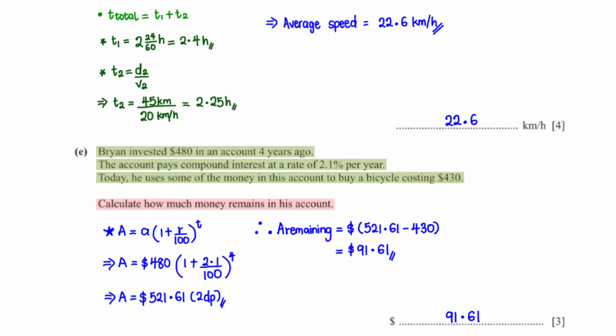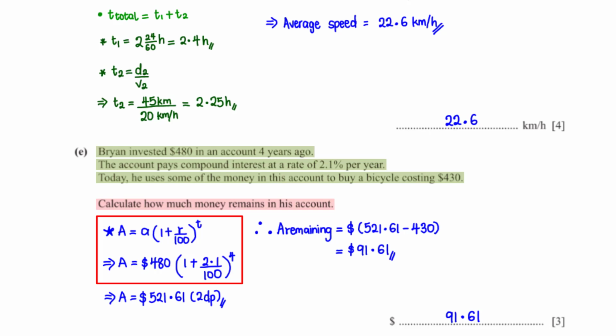First, let's find the current value of his investments by applying the compound interest formula. Big A represents the current value of the investment, which is what we are finding. Small a represents the initial value of the investment, which is $480. R is the rate, which is 2.1%, and T is the time duration for the investment, which is 4 years.